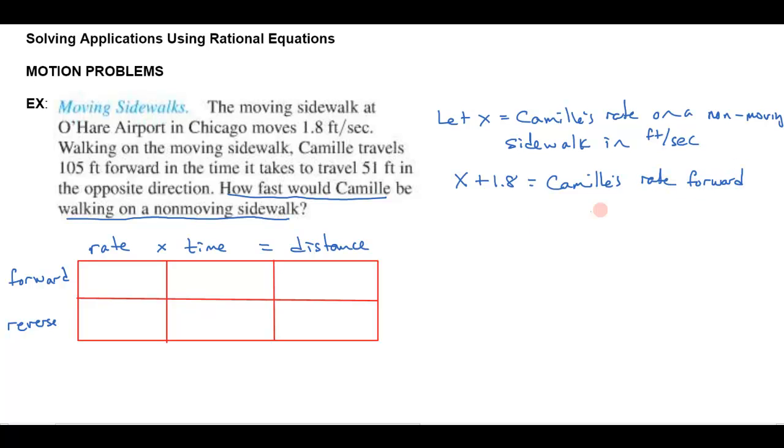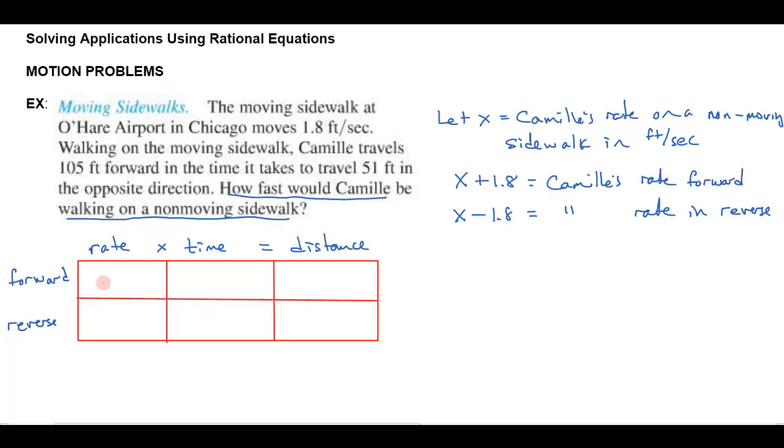And likewise, if she gets on it going in reverse, then it's kind of like a treadmill, and you're going to have to subtract the 1.8. So x minus 1.8 is going to be her rate in reverse, going against it.